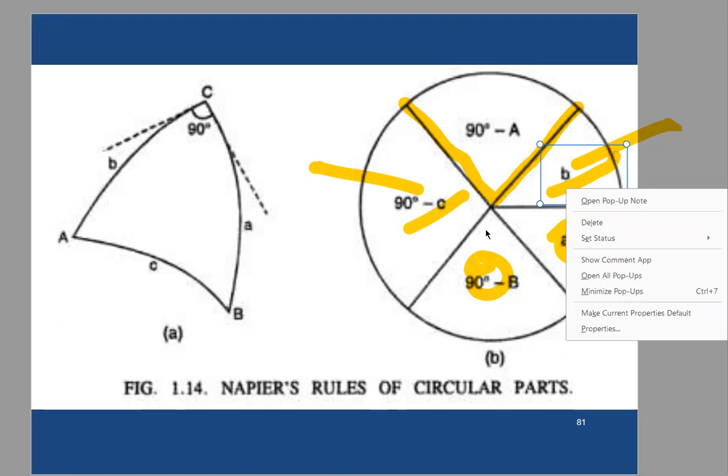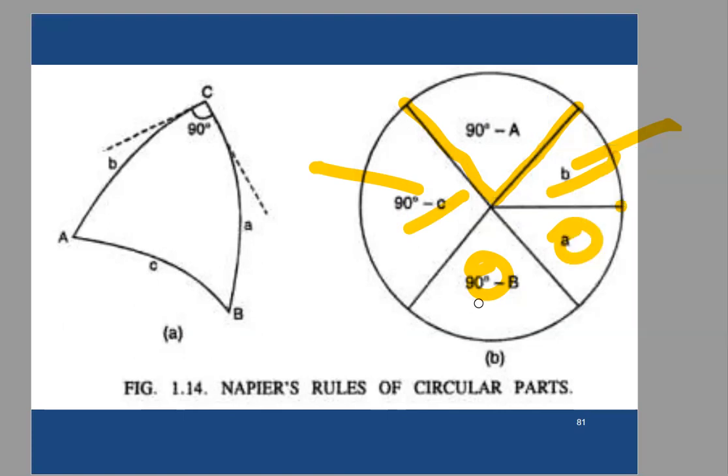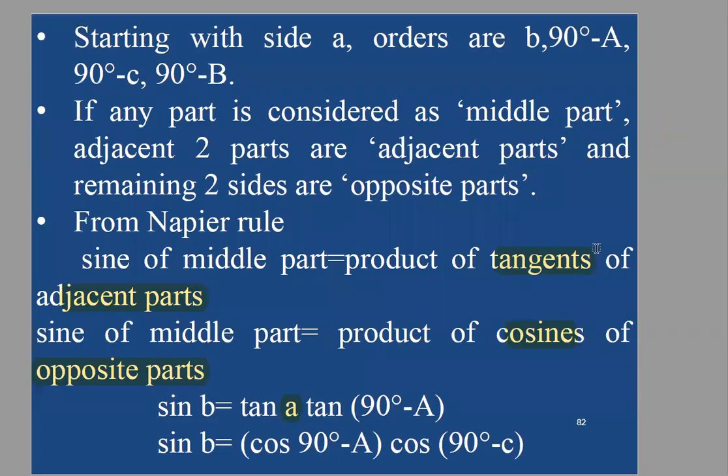These are the adjacents. Or we can use cosine of 90 minus B and cosine of a. So we have two relations: sine of the middle part is equal to the product of tangents of the adjacent sides, or the product of cosines of the opposite sides.